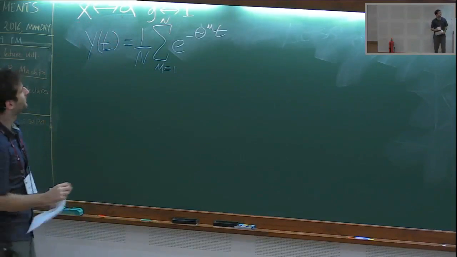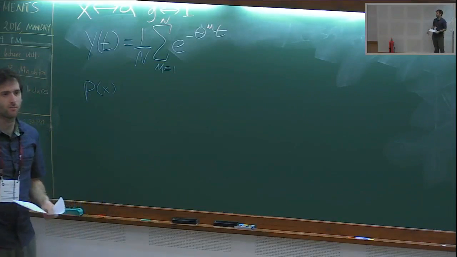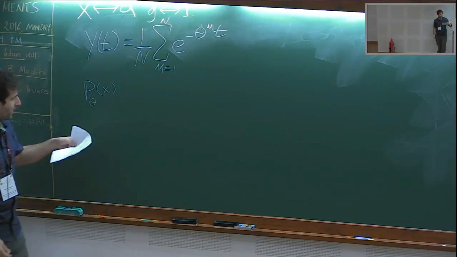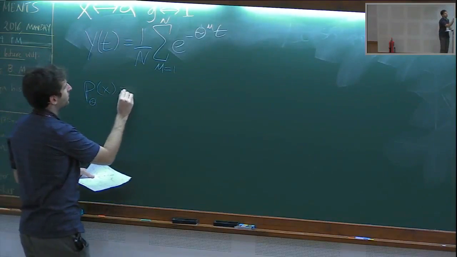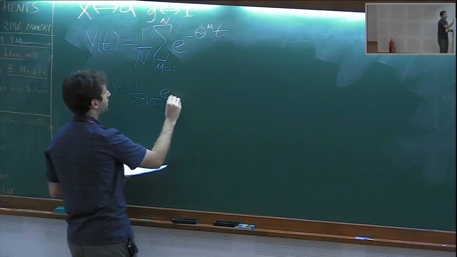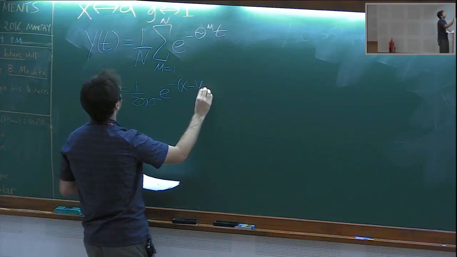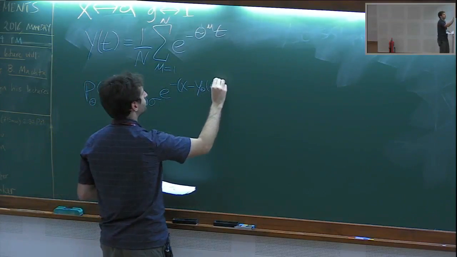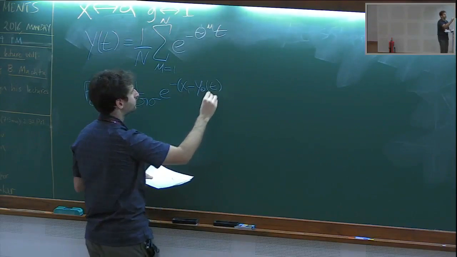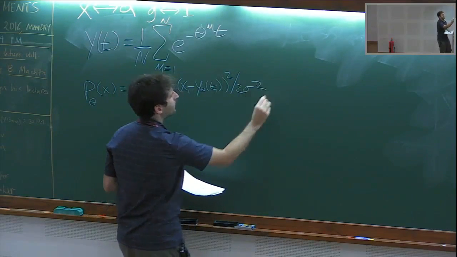And the probability of observing a particular x given model theta is going to be 1 over 2 pi sigma, like this.